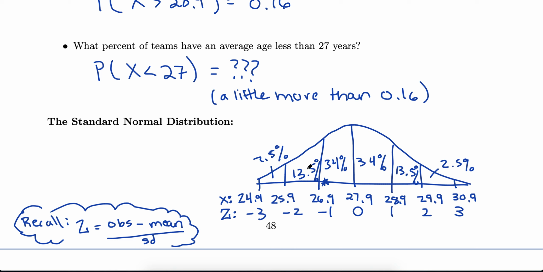Area under the curve, if you've had calculus, you're probably going to be integrating, except there's a teeny tiny problem. The mathematical function that defines this curve cannot be integrated in a closed form. Therefore, our calculators are going to estimate this area for us. And to do that, we're going to first convert everything to this common unitless z-score scale.